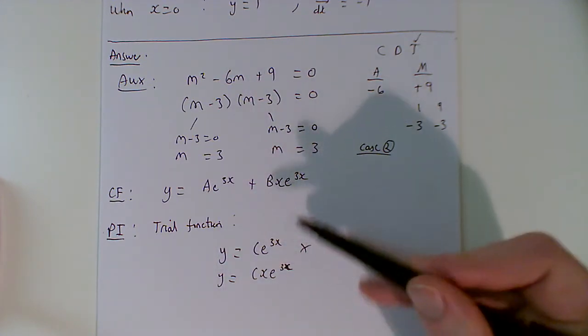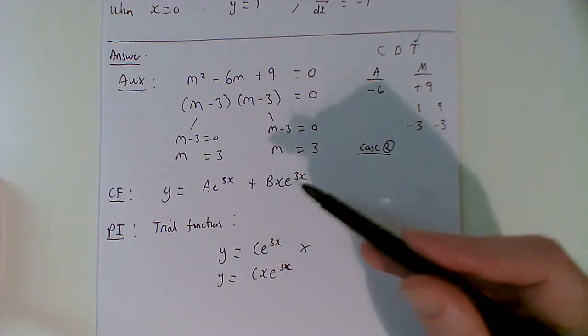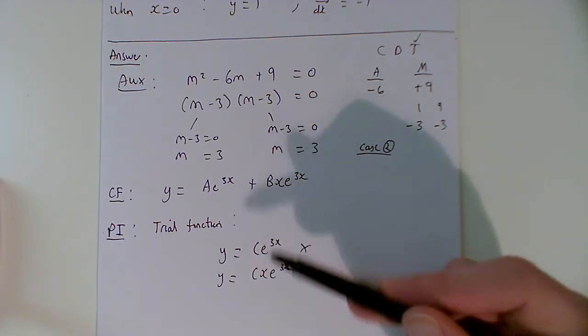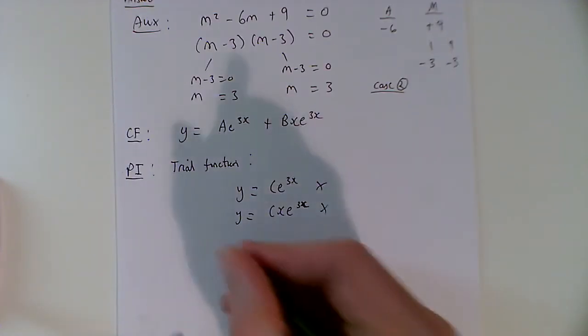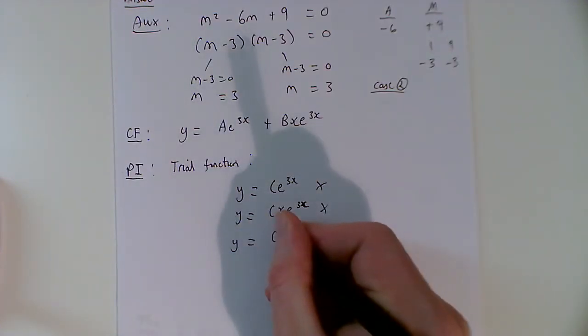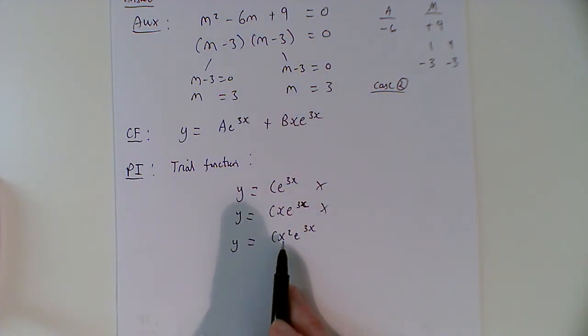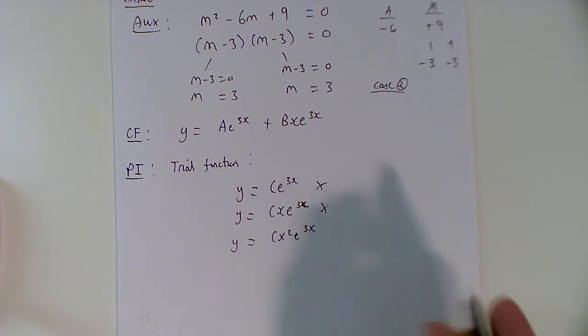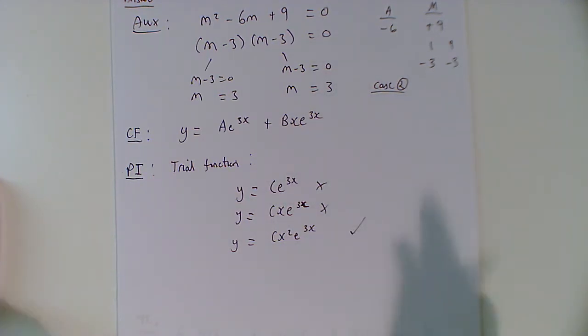As you see, these two terms are now the same, because you've got the x, but obviously the constant at the front would be different. So I can't use that. So that means I'm down at using y equals cx squared e to the power of 3x. I need to put in another x term. And that is now unique. And that's what I'm going to use as my particular integral.